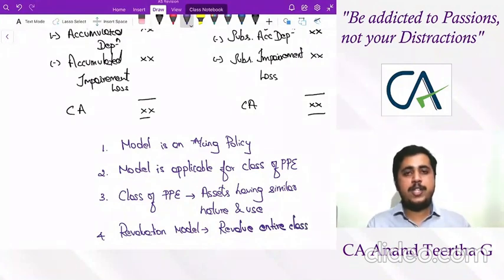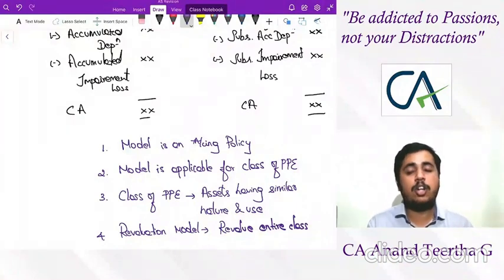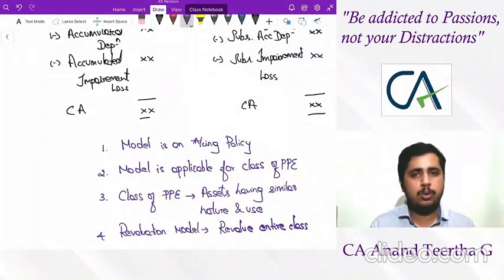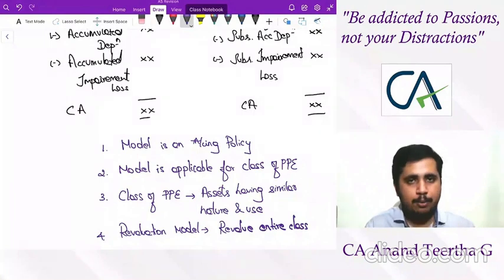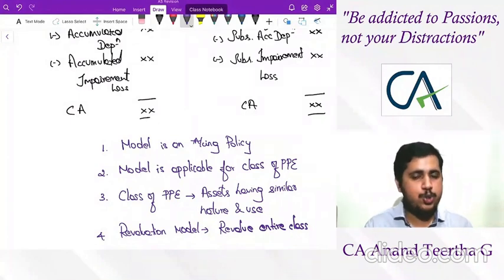You cannot be choosy. You cannot say only this class I will revalue, or only this asset in the class I will revalue and other assets I don't want to. That's not possible. You have to revalue the entire class of assets. So that's how the revaluation model is applicable, if at all you choose it.